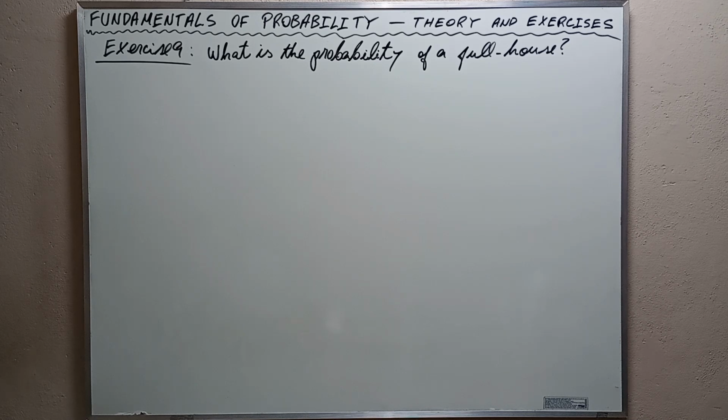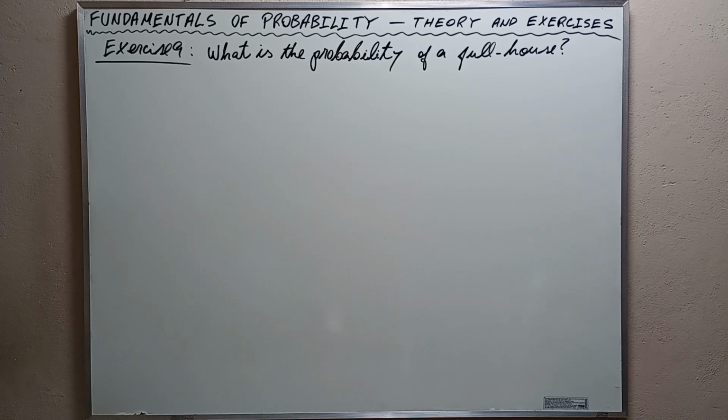Observe that we have 3 cards of the same rank, 10 of hearts, 10 of spades, 10 of clubs, and 2 cards of the same rank, varying only the suit, ace of diamonds and ace of clubs. Okay, we have 3 tens, varying only the suit. We have 2 aces, varying only the suits. This is the definition of a full house.